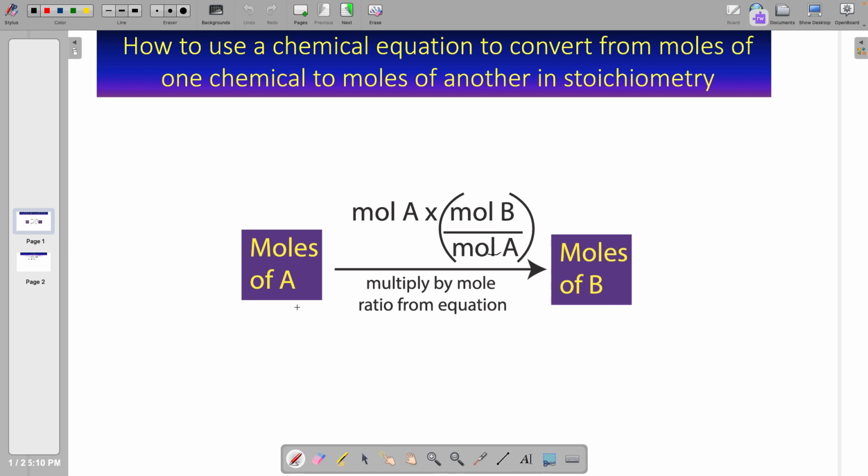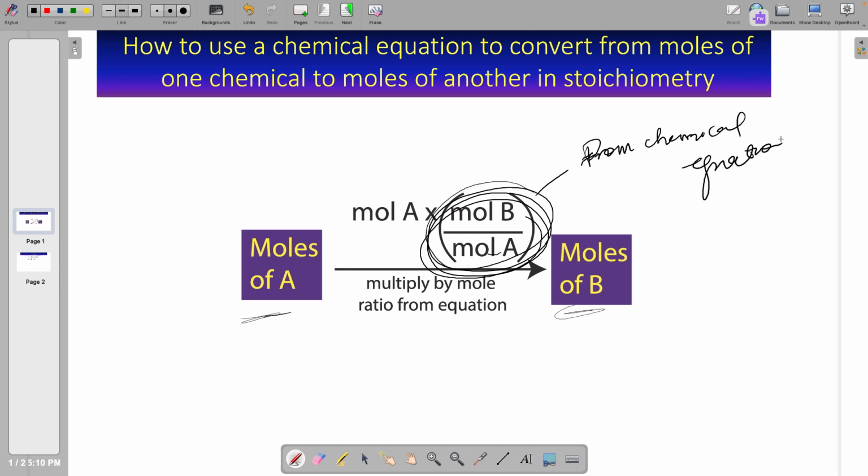So let's say we are given moles of chemical A and we are asked to figure out moles of chemical B using the chemical equation. Once we've written the mole-mole ratio, mole B over mole A, it's from the chemical equation.